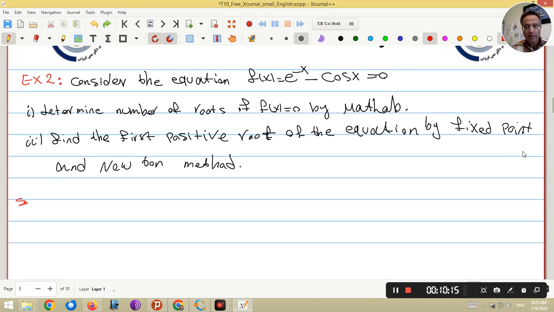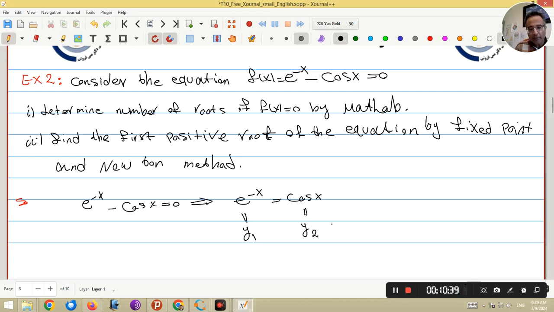Yeah, I'm here. Now, consider the first one, for example, e to the minus x minus cosine of x equal to 0. This gives e to the minus x equal to cosine of x. Now, consider this one as y1 and this one as y2.